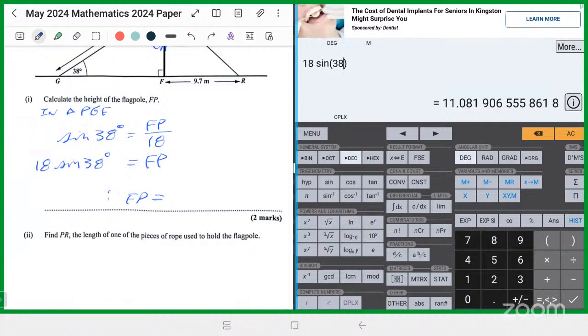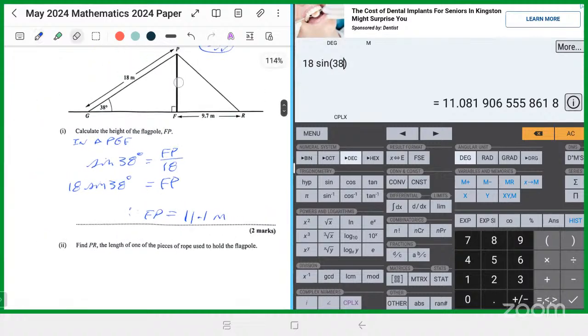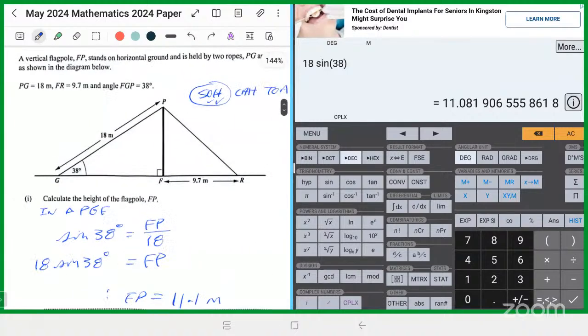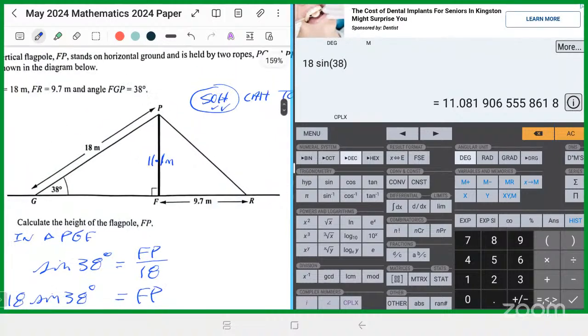Three significant figures will be 11.1 meters. And generally speaking, when you calculate something, you put it on the diagram. So I'll take this information and put it on the diagram so that it is in front of you and you can use it as you need to. This is 11.1 meters, the height.